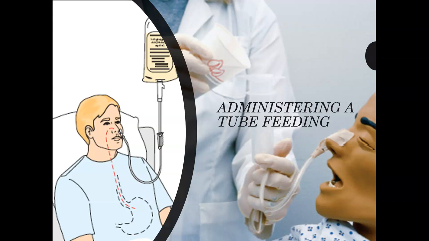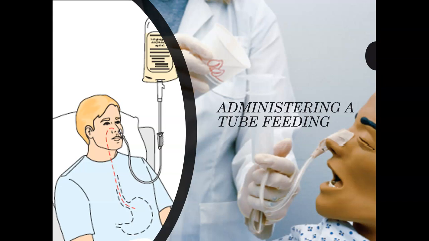And then they may tell us to hold the feedings for a little while. Per agency policy, as far as returning the residual amount to the patient, most of the time you will. But this would be another thing you would ask the physician or follow your hospital policy.